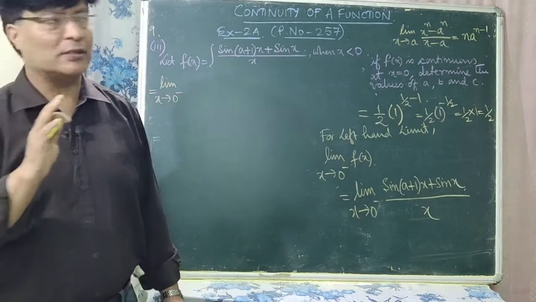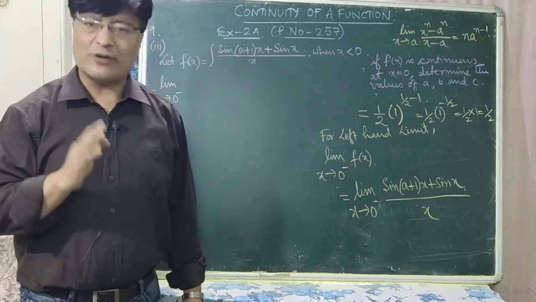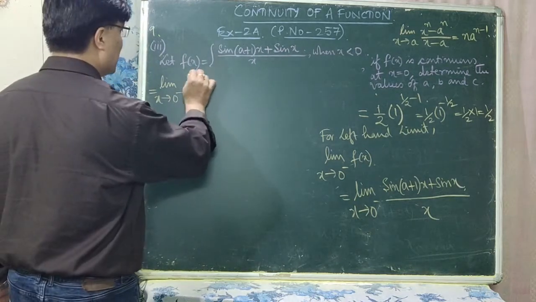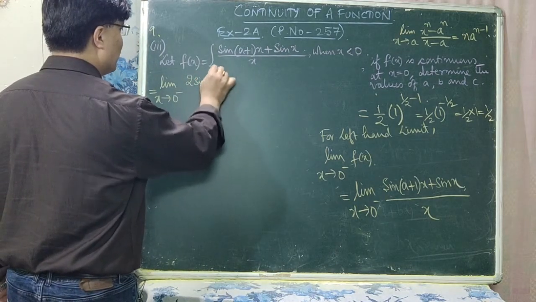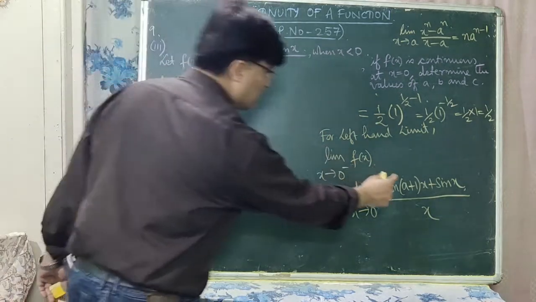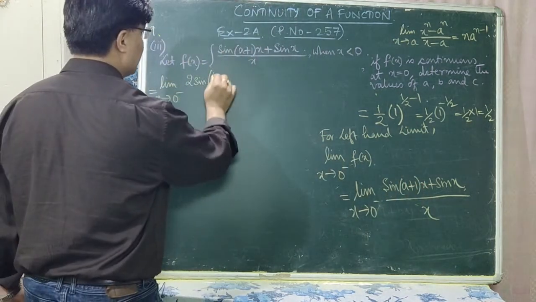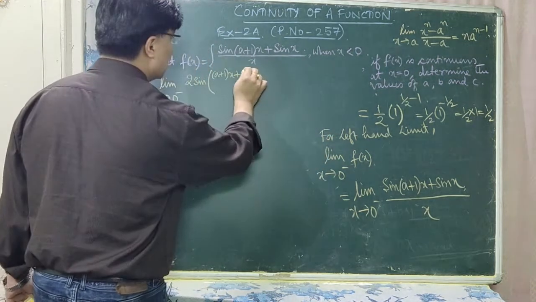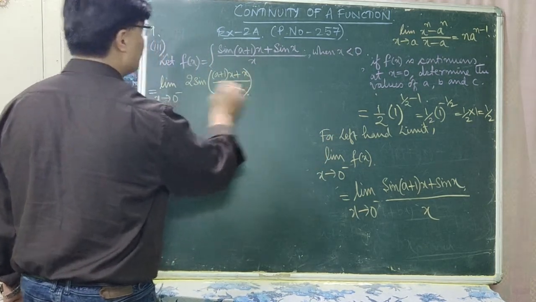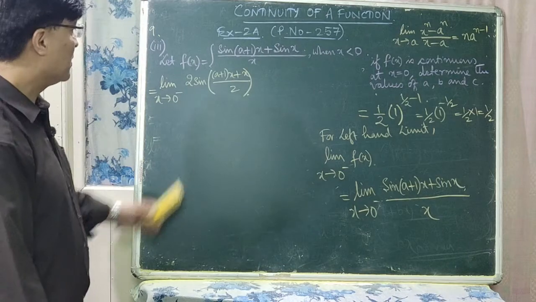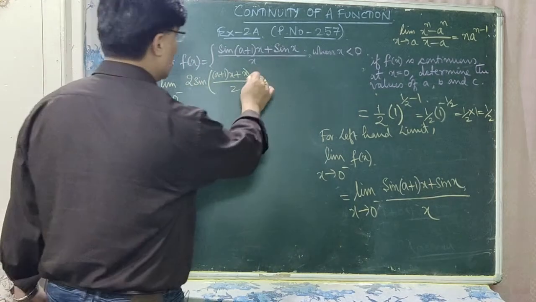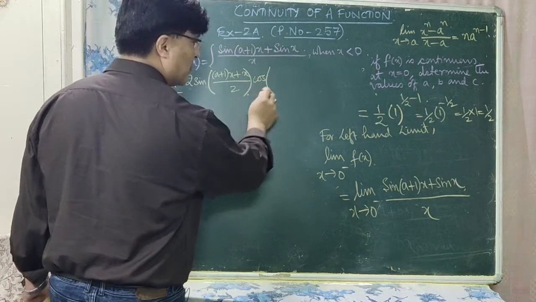That is the chapter in trigonometry, that is transformation of products and sums. What is sine c plus sine d? 2 sine of, what is c plus d out here? c is (a plus 1) into x, c plus what is d? That is x, divided by 2. Is that clear? That is 2 sine of (c plus d) by 2 into cos of (c minus d) by 2. What is cos (c minus d) by 2?